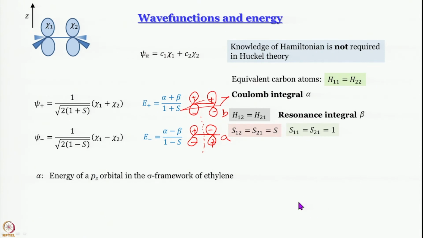Short simple sentence, but quite profound. What is alpha? Integral chi1 H chi1. What is chi1? This p orbital, and in the integral the same chi1 appears in bra as well as ket vectors. What is the Hamiltonian? Hamiltonian for the entire pi molecular system.